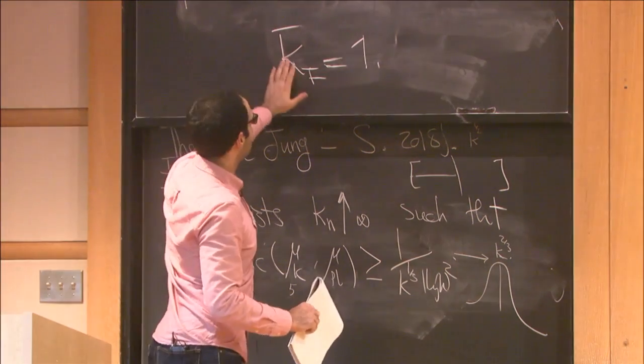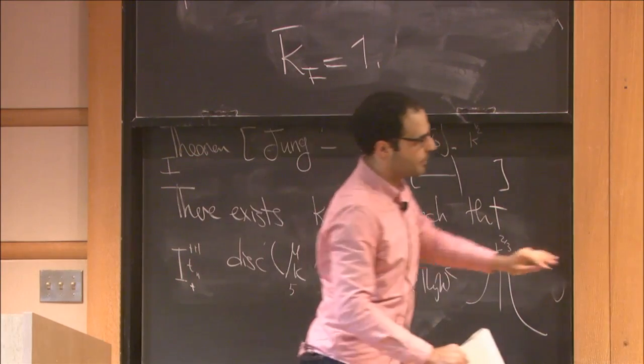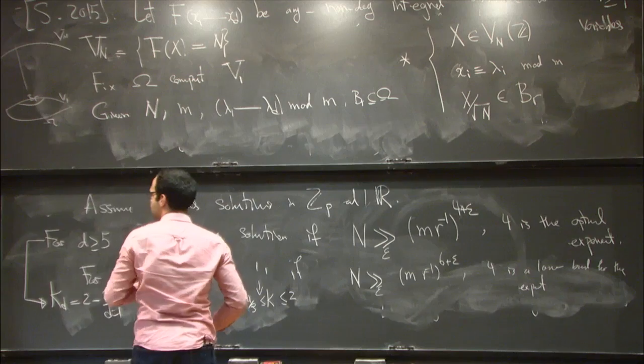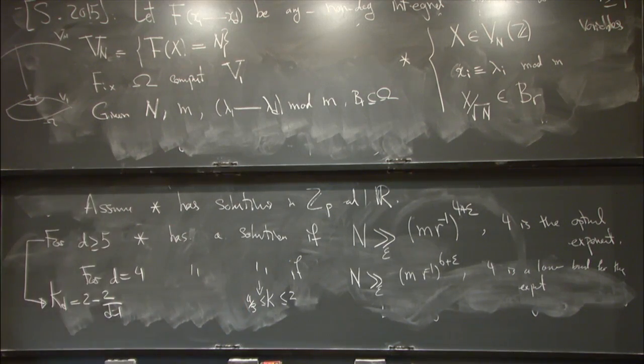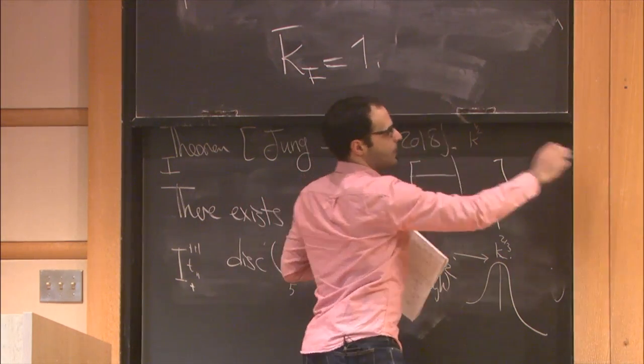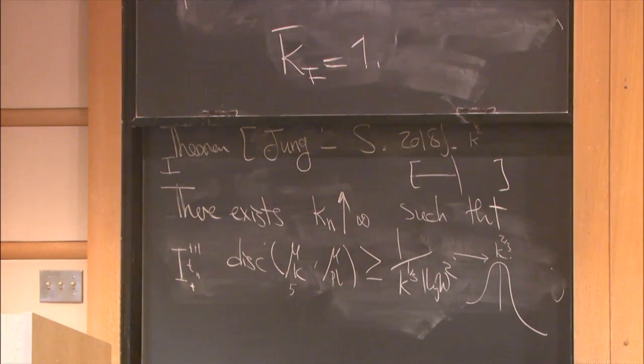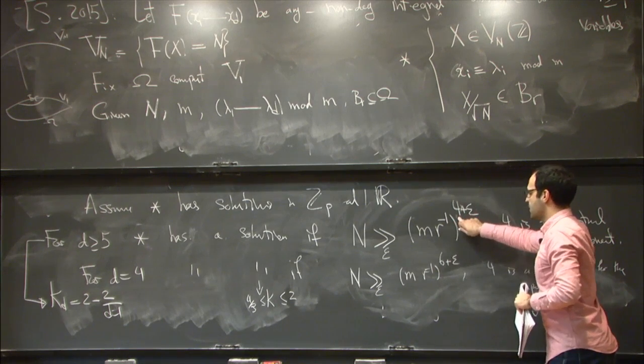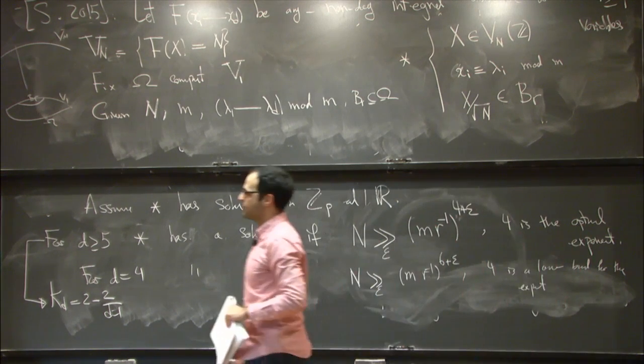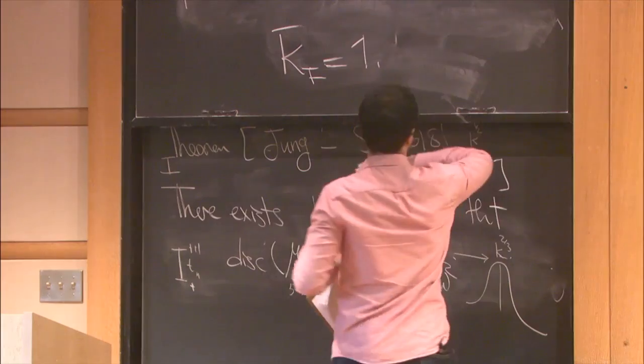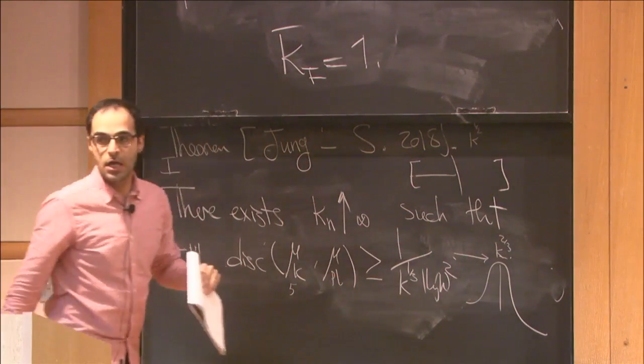But for computing KF bar, using circle method is somehow hopeless because, as I said, there are some points where 4 is the optimal exponent, and if you want to prove KF bar is 1, you need a much shorter exponent than 4.